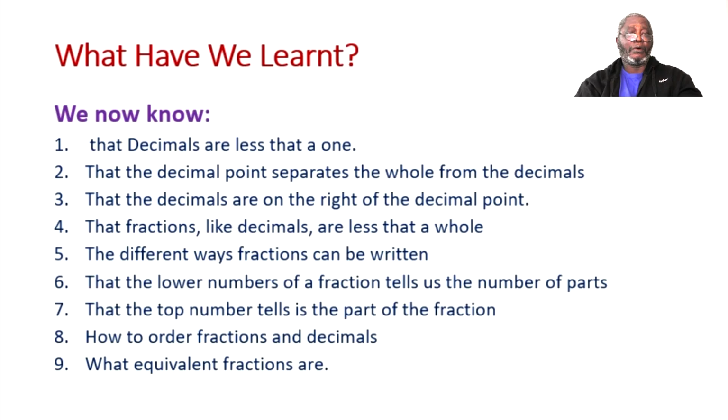And then we also have learned that the lower number of a fraction tells us the number of parts, and that the top number tells us the part of a fraction. We know now how to order fractions and decimals. We also know what equivalent fractions are.